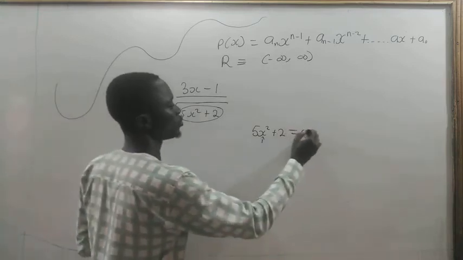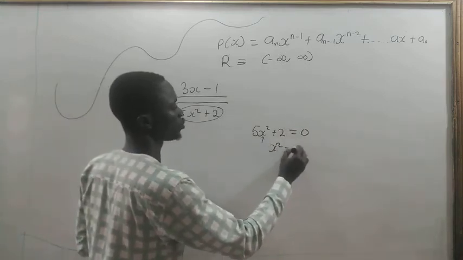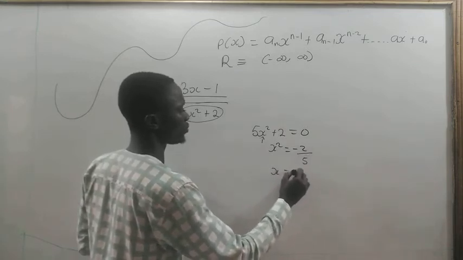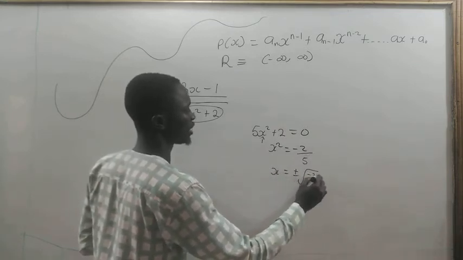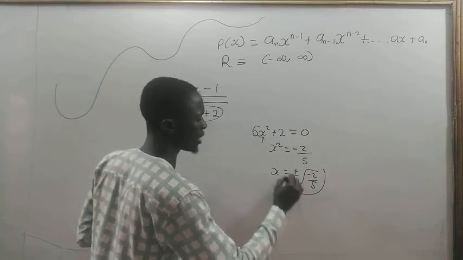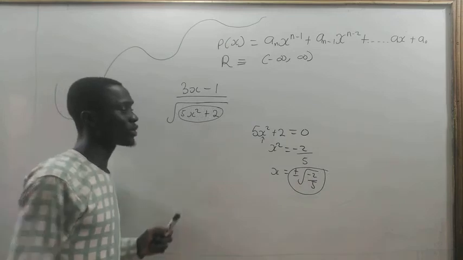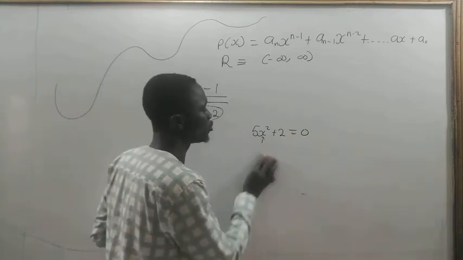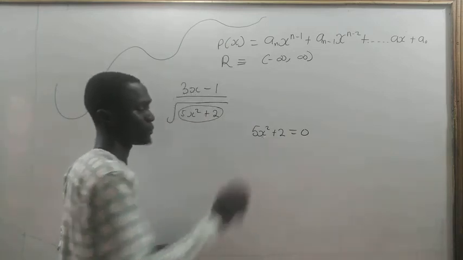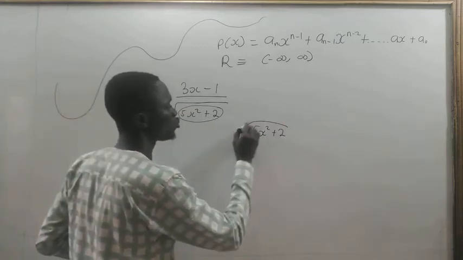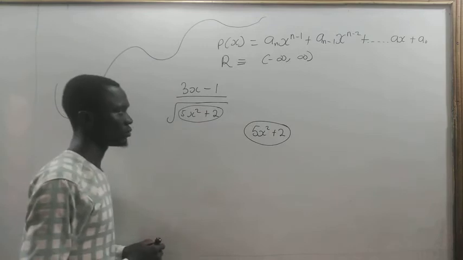Because if you equate this to 0, we are going to have x squared equal to minus 2 divided by 5, and then x will be equal to plus or minus the square root of negative 2 on 5. That will give us a complex number, and we are not talking about complex numbers here. We are talking about real numbers. So there's no need equating it to 0 to get complex numbers. So for real numbers, this function will not be equal to 0.